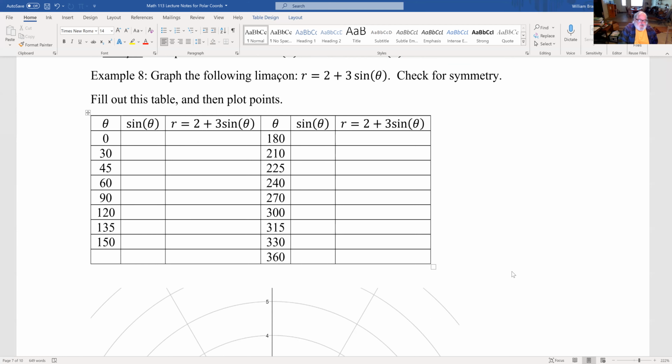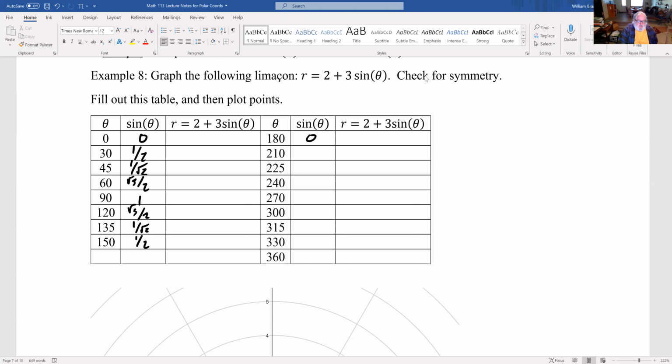So sine theta, how does sine theta go? Sine theta starts at 0, and then it climbs: 1/2, 1 over root 2, root 3 over 2, 1, and then it goes back down: root 3 over 2, 1 over root 2, 1/2, and back down to 0.